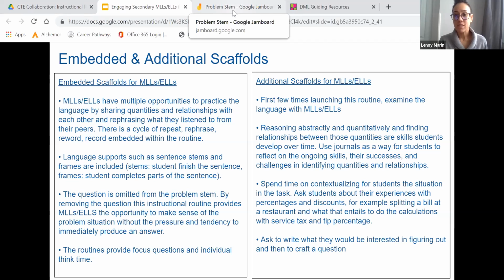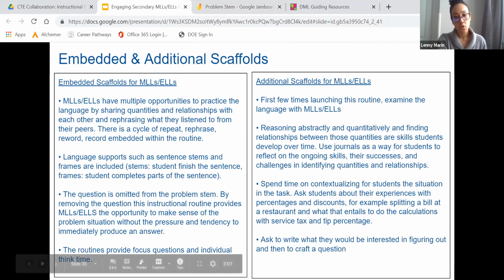Another scaffold was that I spent some time contextualizing the problem for you. Rather than going straight into reading, I was asking you about your experiences with this situation. I was asking you what you think the question would be. Those were just some other scaffolds that were there.